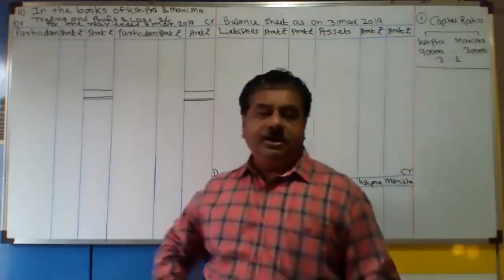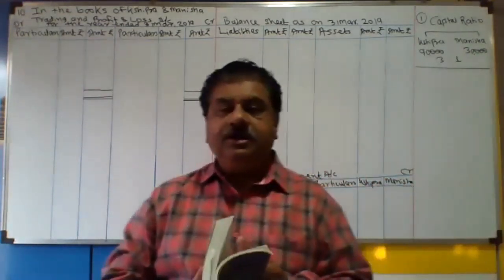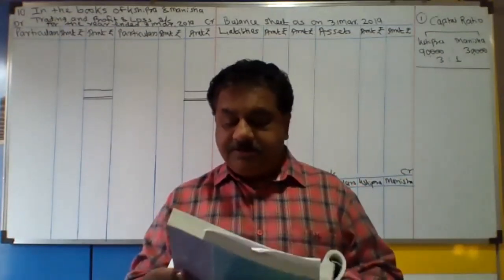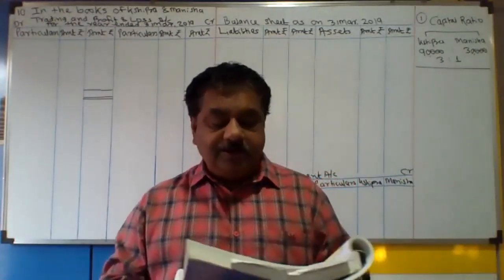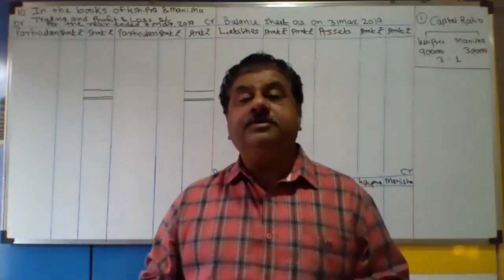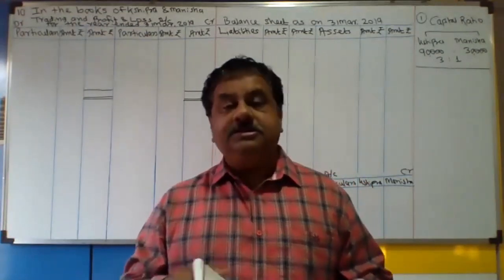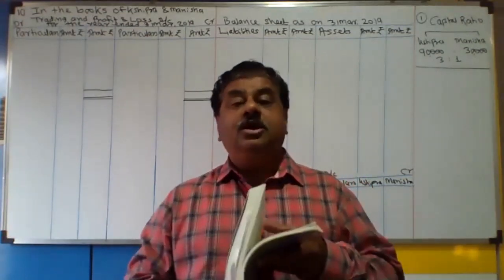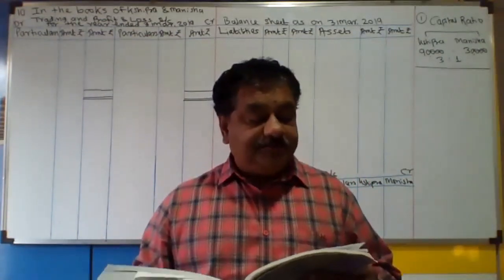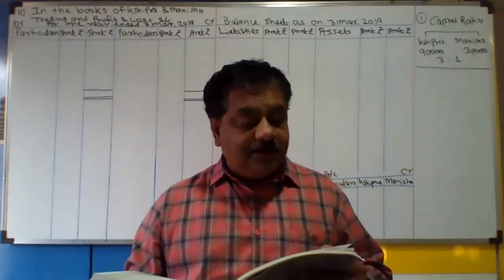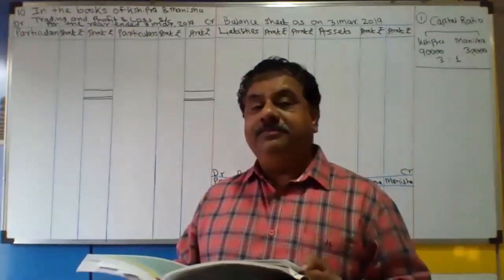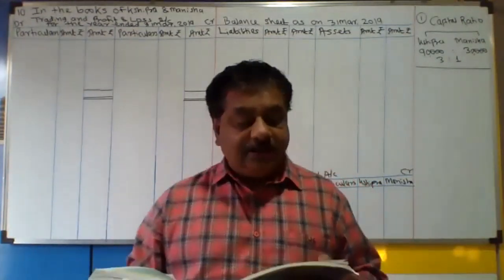It is very important to read the question very carefully. Coming back to page number 61, you are required to prepare trading profit and loss account for the year ended 31st March 2019 and the balance sheet on that date. Now look at the trial balance, please. In the debit balances, first of all, check whether any hidden adjustment is given to you, like advertisement for 3 years or something like that.